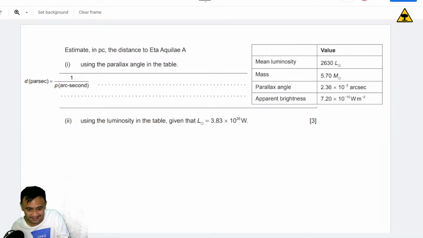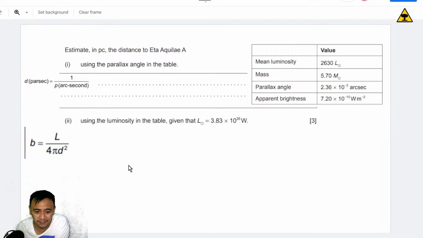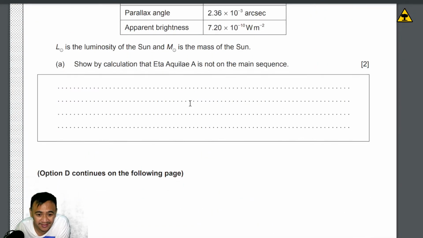Yes, you do B equals L over 4 pi D squared. Correct. So you use this, and then you just solve for D. That's correct. Of course, that means if everything matches, then these numbers should be close to each other. But of course, I'm thinking that they won't be.